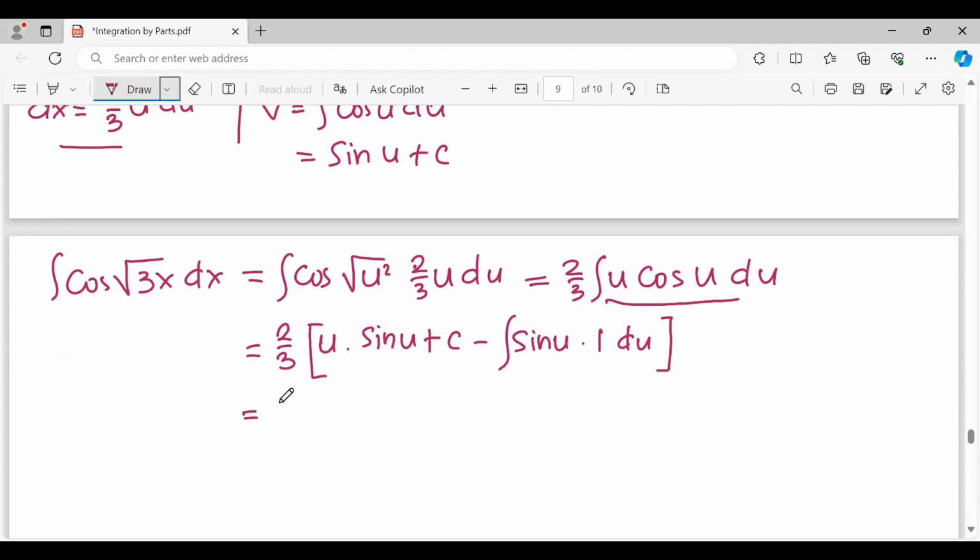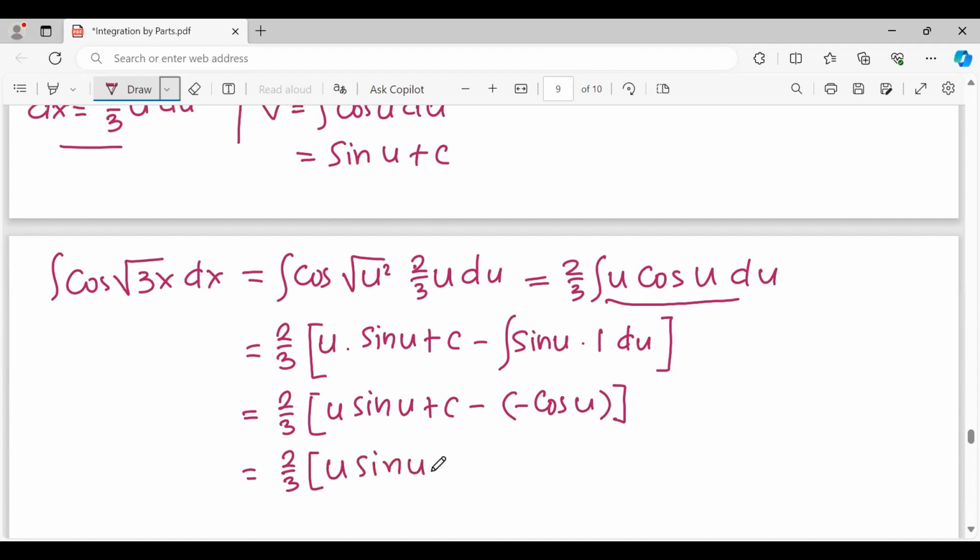So it is 2/3 u sine u plus c minus the integral of sine u, which gives minus cosine u. So 2/3 times u sine u plus cosine u plus c.